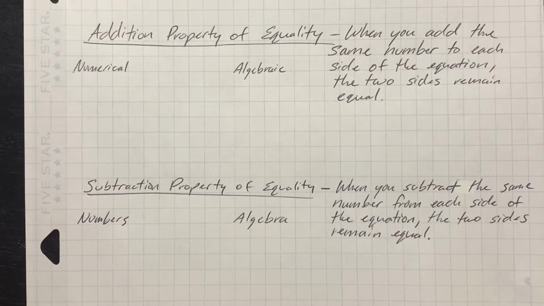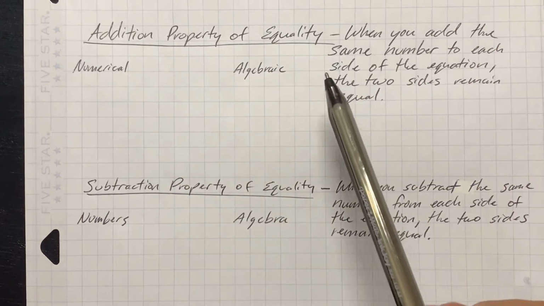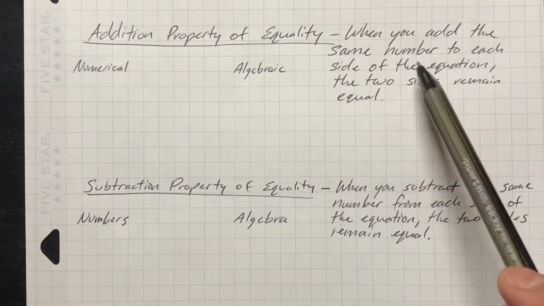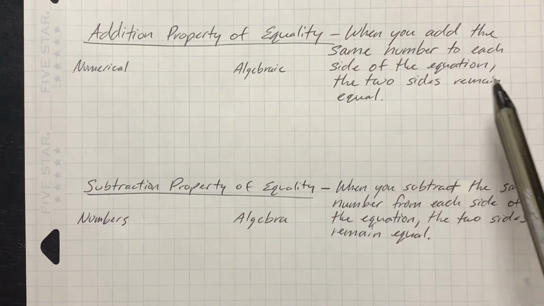I want to talk to you guys about the addition property of equality and the subtraction property of equality. So let's focus on the addition property of equality. Again, they are the same concept, so let's just pay attention. For the addition property of equality, when you add the same number to each side of the equation, the two sides remain equal.